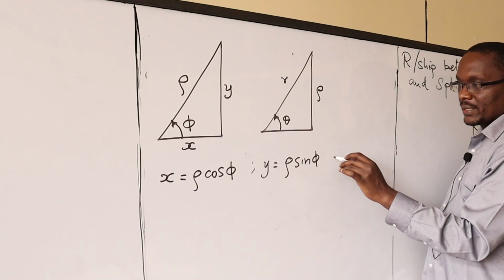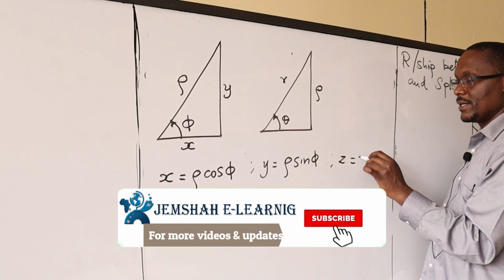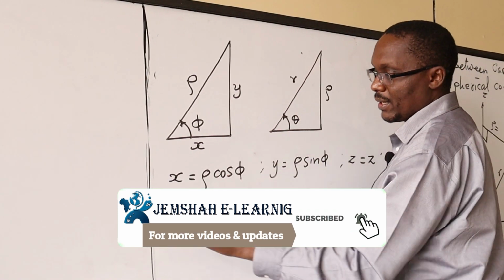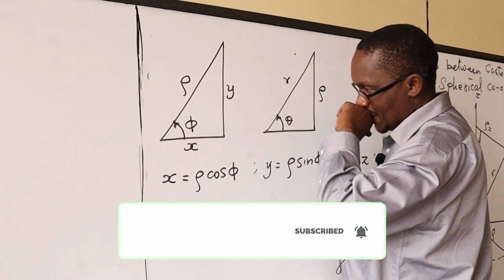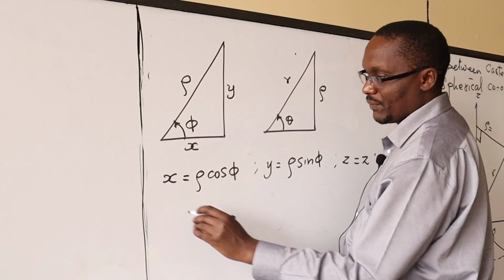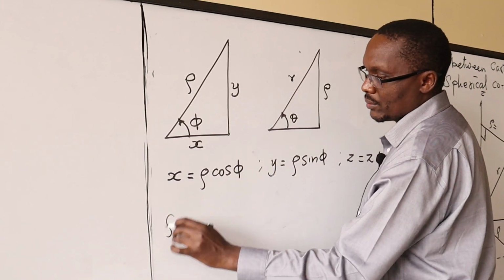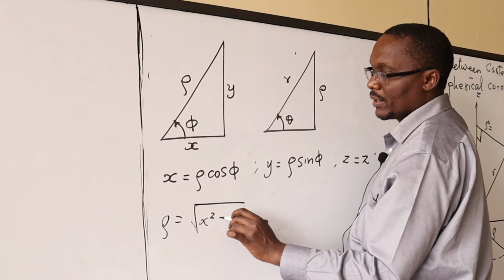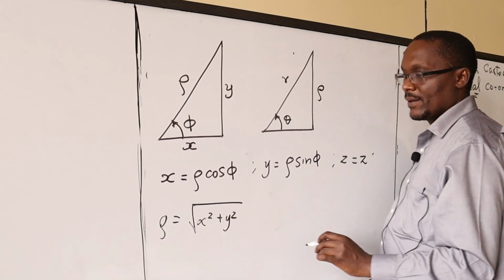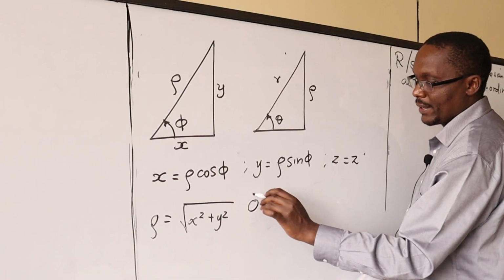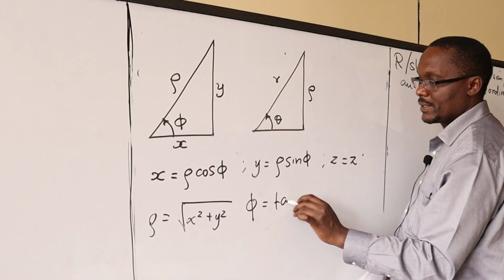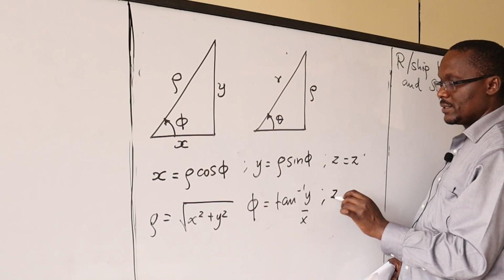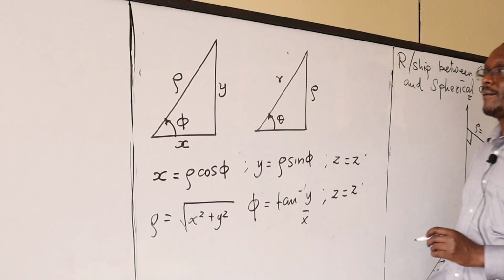And we also knew that z is the same as z in that coordinate system. And we went further and found that relationship in Cartesian. In Cartesian, we found that rho was the same as the square root of x squared plus y squared, and phi was the same as the tan inverse of y over x. Still, z remains as z.